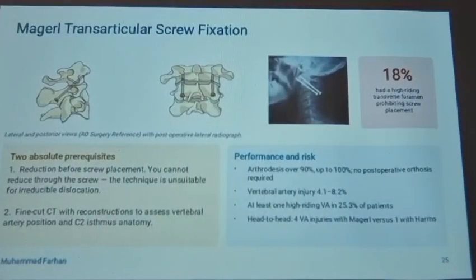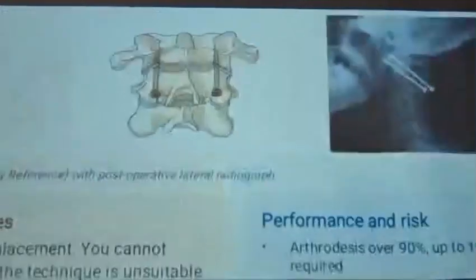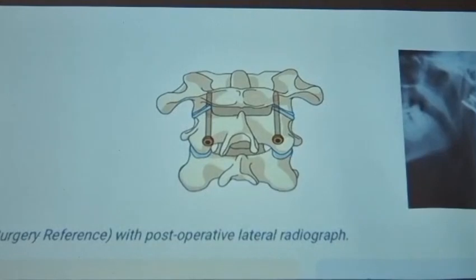Then the screw techniques. First one is the Magerl transarticular screw fixation. In this technique, the transarticular screws are placed. As we can see, the screws are placed from the C2, through the articular faces of the joint, and then into the lateral masses of the C1 vertebra.